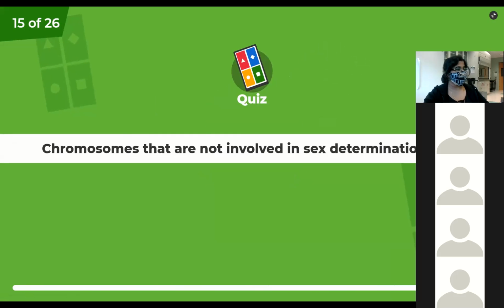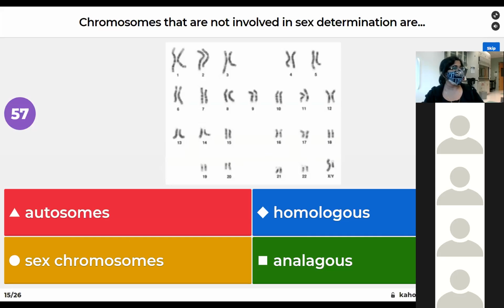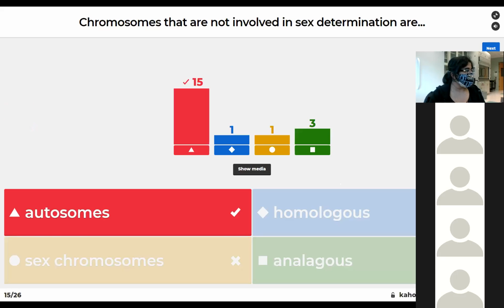Chromosomes that are not involved in sex determination are what? Good.